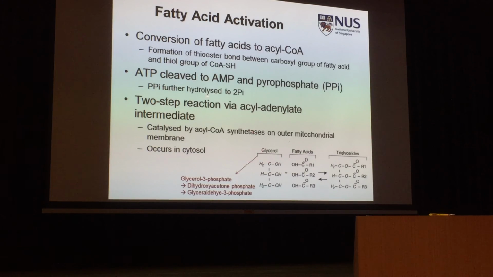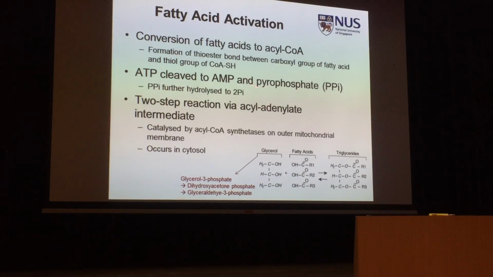Over here then we need to somehow form a thioester bond like acetyl-CoA, the same character, CO, then S, CoA. So you need to form a thioester bond between the carboxyl group of the fatty acid and the thio group of CoA. This process needs energy.